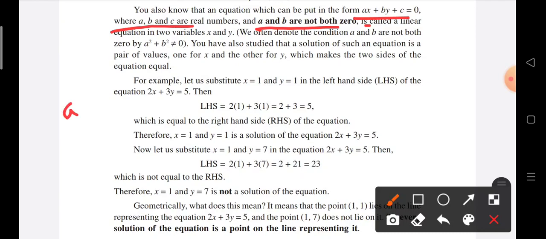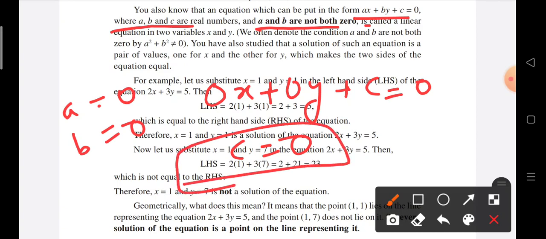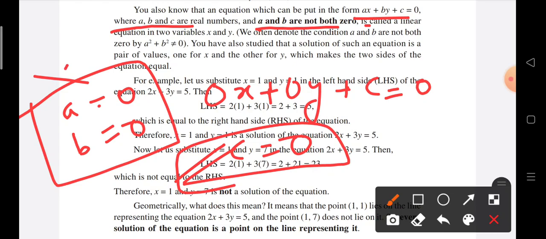Suppose a is equal to 0 and b is also equal to 0, then our equation becomes 0x plus 0y plus c is equal to 0, that means c is equal to 0. In this equation we don't have any variable, and this is not a possible condition.